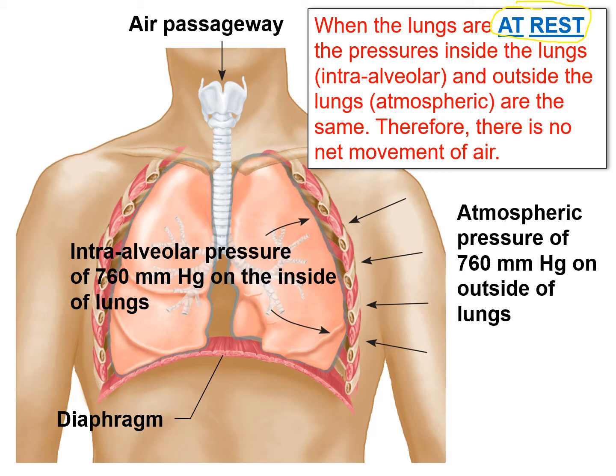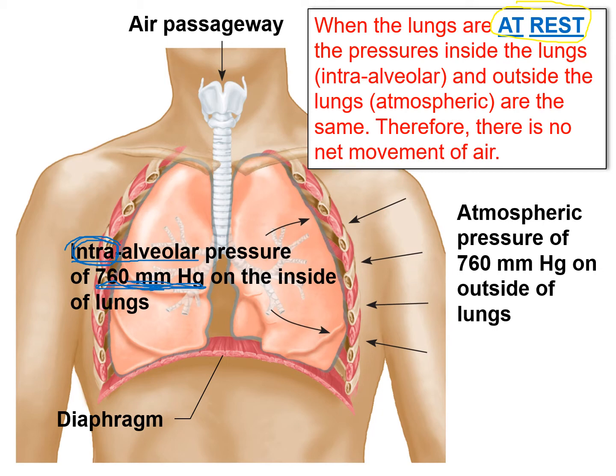And we examine what's referred to as the intra-alveolar pressure. Okay, now what does that mean? Intra means within. So if we could stick a probe inside the alveolus and measure the pressure when the lungs are at rest, we would find that pressure to be very close to about 760 millimeters of mercury.